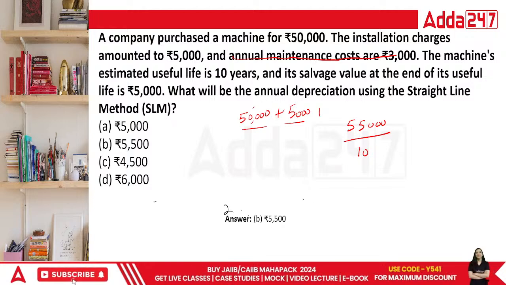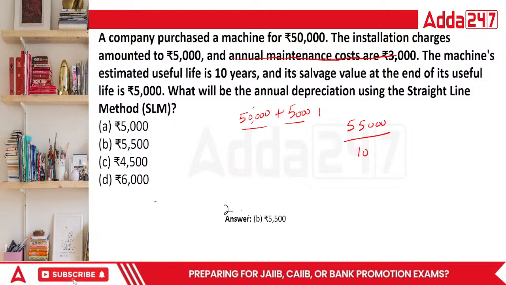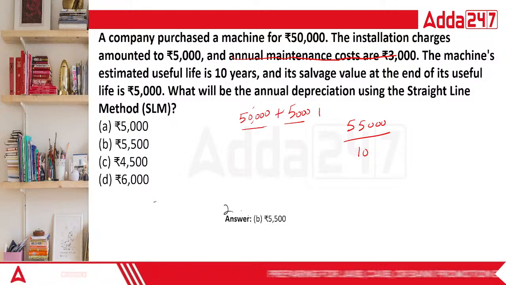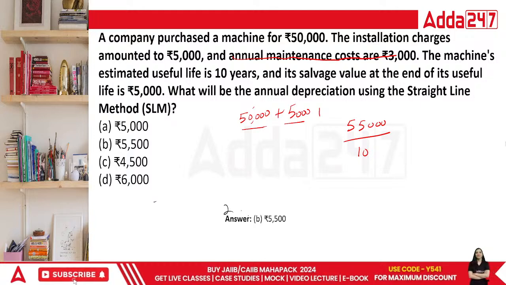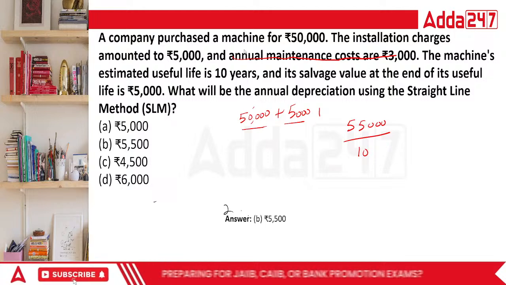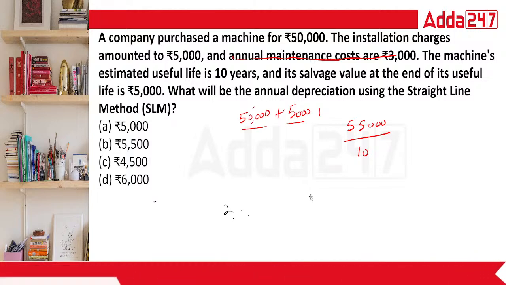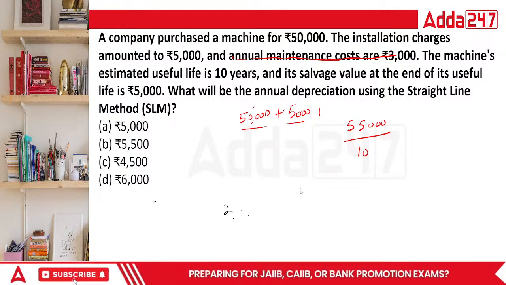When you have to divide it uniformly, what is going to be the amount? Then 55,000 divided by the number of years is going to be the answer. Okay?